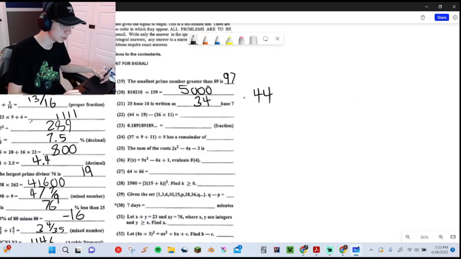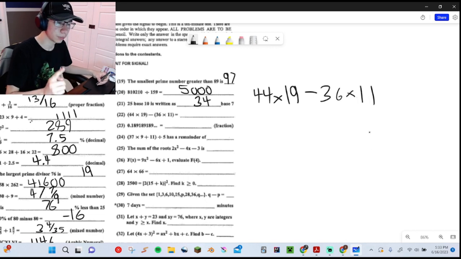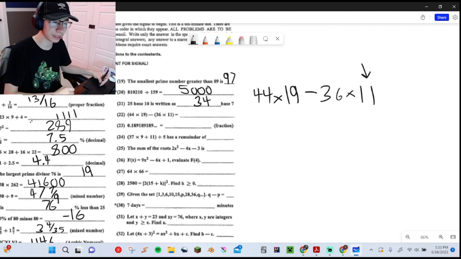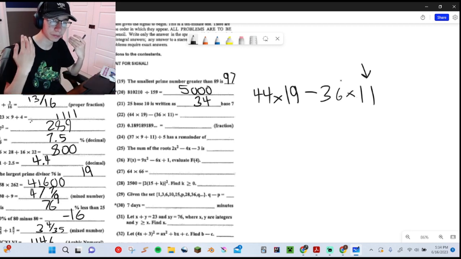Okay. Moving on. Number 22. I have this number times 19 minus this number times 11. So one thing I can do, I could turn this 11 into a 44. If I did that, I could pull out that factor of 44. And it would just be 44 times the difference of two numbers.